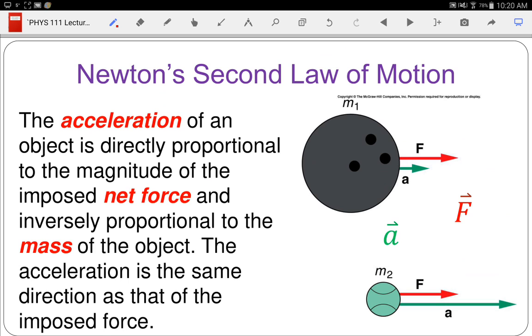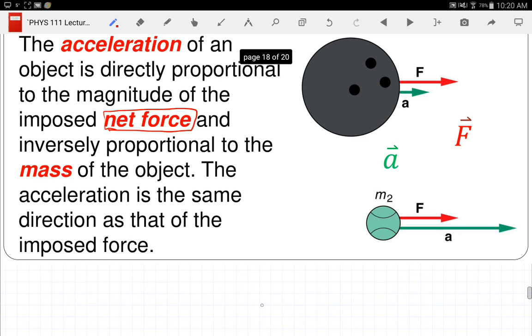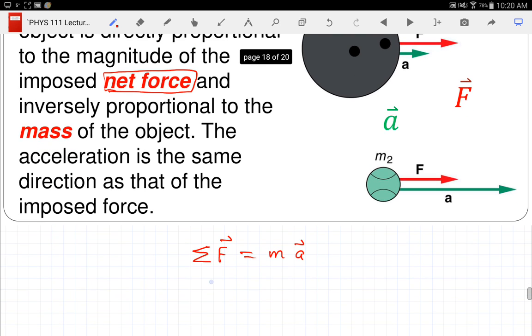The law says the net force acting on something is proportional to mass and acceleration. So you end up with the net force equals mass times acceleration. These two things are exactly the same.